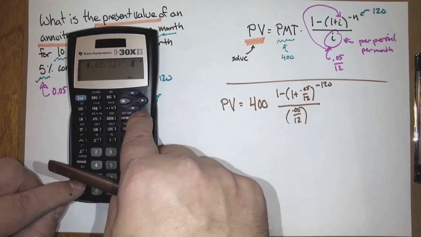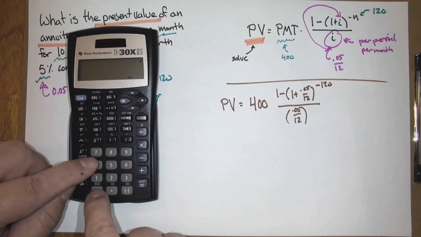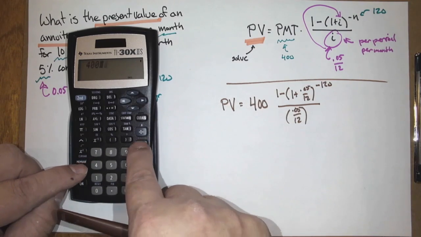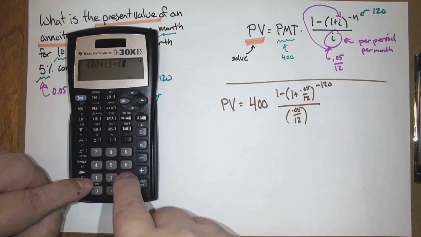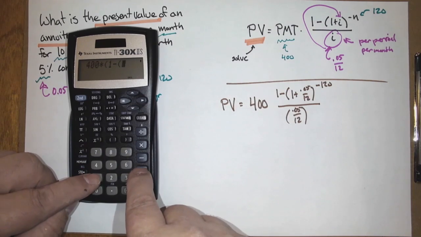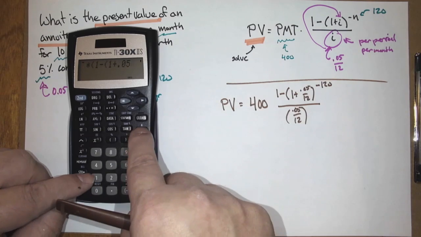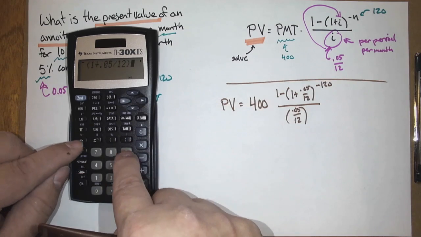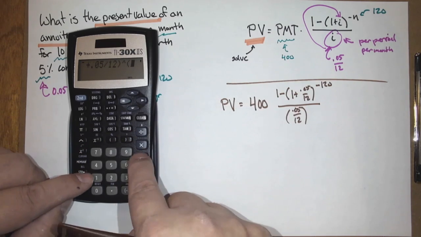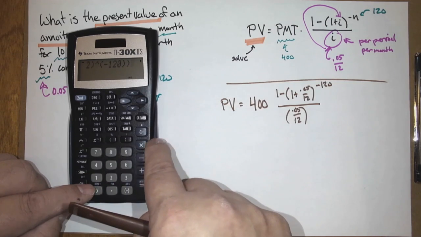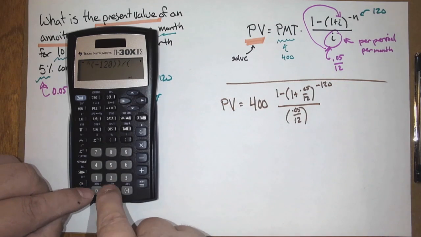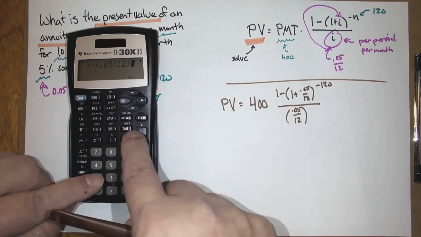That's what happens when you don't have enough parentheses. Okay, let's try this again. Times parenthesis 1 minus parenthesis 1 plus 0.05 divide by 12 parenthesis to the negative 120 parenthesis divide by 0.05 divide by 12.